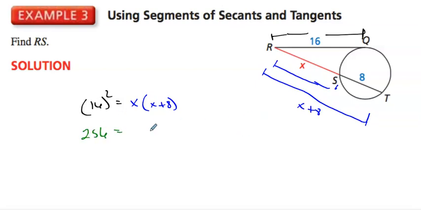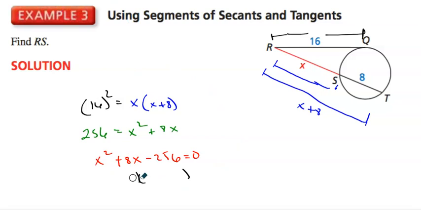Alright, so we got 256 is equal to x squared plus 8x. Alright, so x squared plus 8x minus 256 equals 0. Right, and then we're going to find factors of 256 that give you 8.